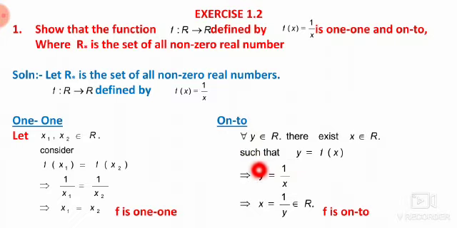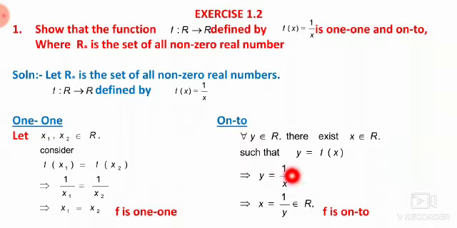Now y is equal to f of x, which is nothing but 1 by x. In this type, we are able to solve for x. By cross multiplication, we get x is equal to 1 by y, which belongs to R star.